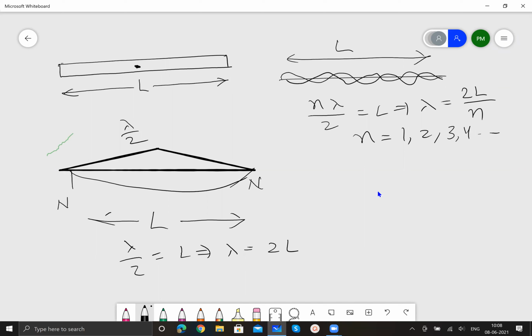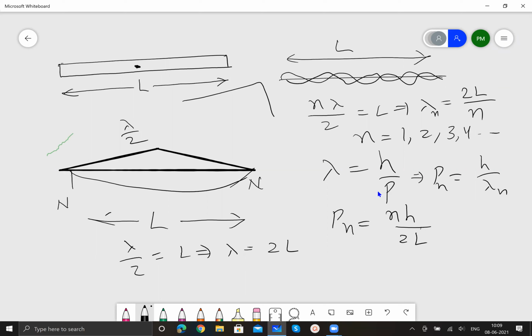Therefore, this is lambda, and you know lambda is equal to h by p. Therefore, p_n corresponds to h by lambda_n. Am I right? How much is it? h by lambda_n, where lambda_n is 2L by n.